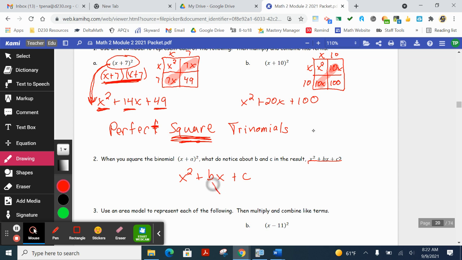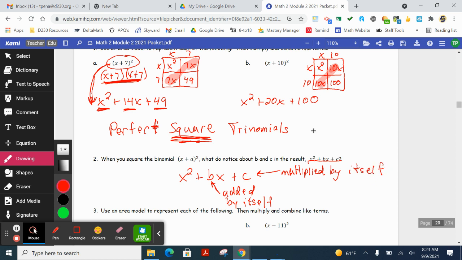So the B, he said, is added by itself. And then he said the C is multiplied by itself.